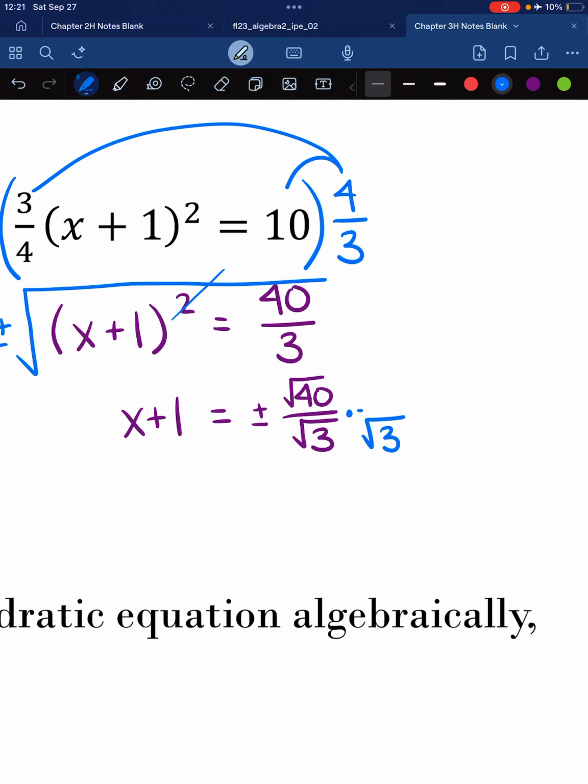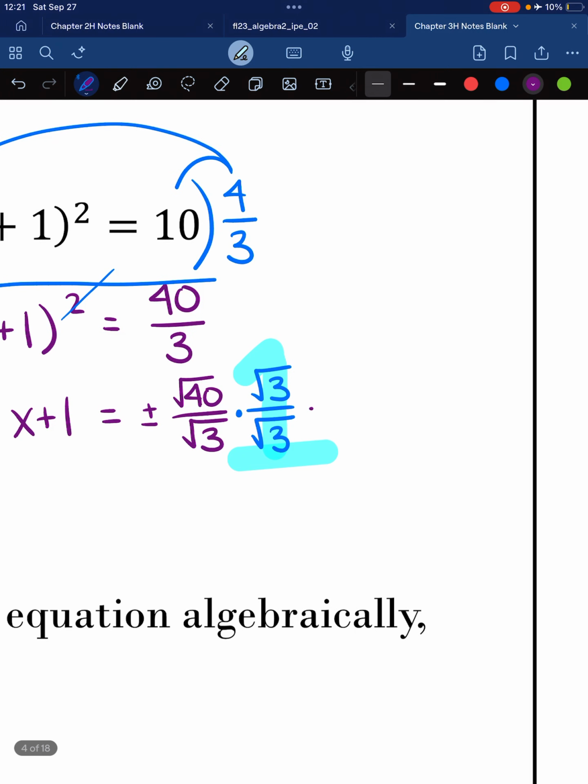So I'm going to multiply by my creative version of 1 in order to leave this expression equivalent, but get rid of the radical in the denominator. Okay, and I'm going to do some side work here. So we're going to end up with the square root of 120 over the square root of 9.